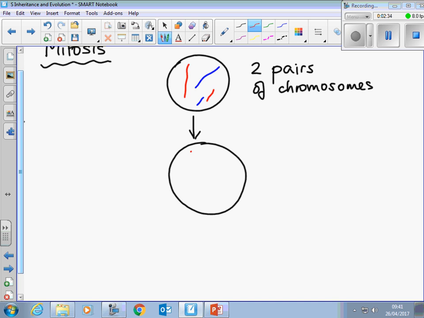So the long red one makes a copy of itself by replication, and those copies are held together by a centromere, as does, while I've got the red in my hand, the short red one. And similarly, the long blue one, centromere has to be in an equivalent place, and the short blue one.